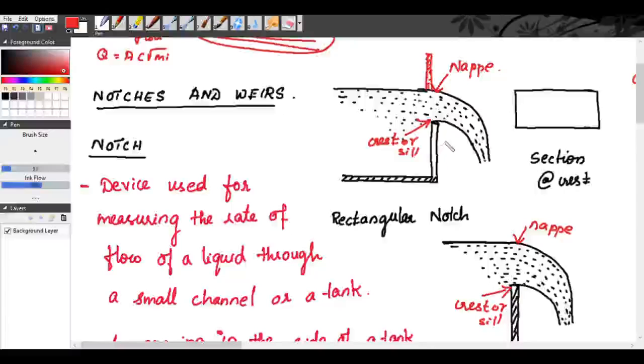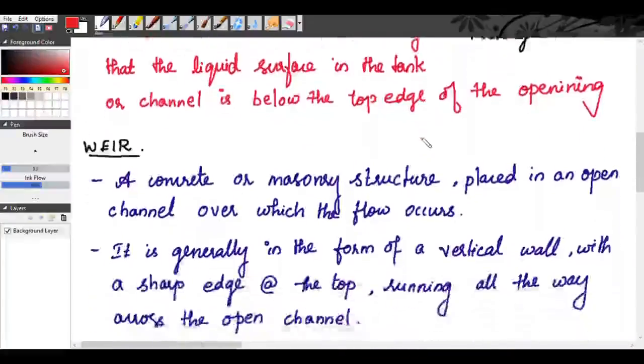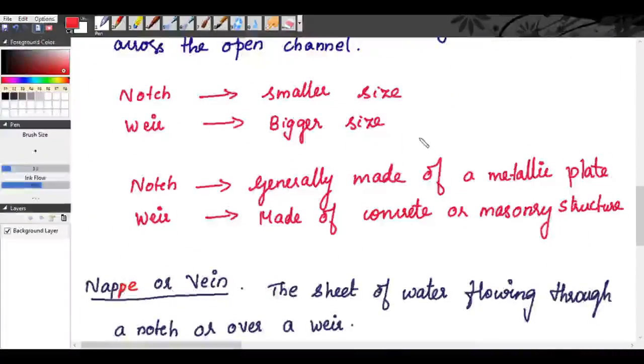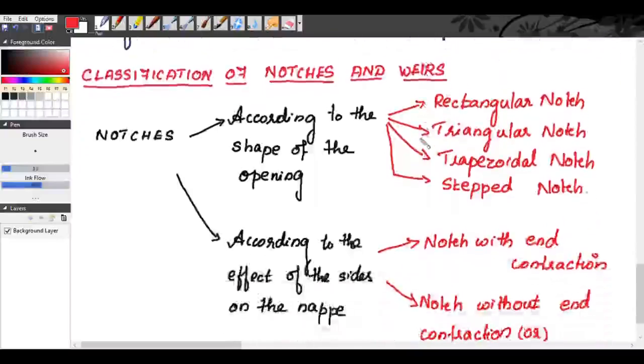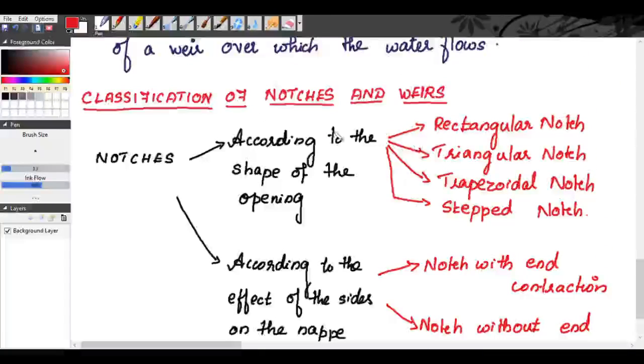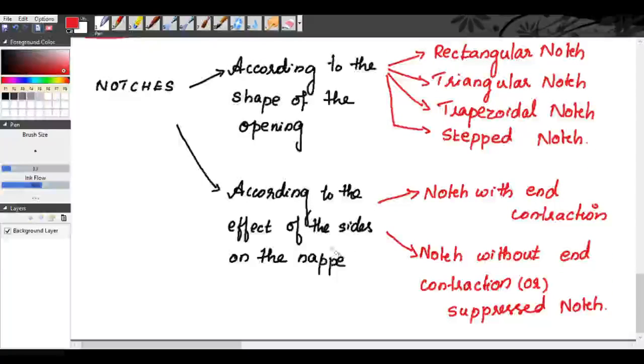Now, let us see the classification of notches and weirs. First of all, notches. Notches are classified into two types. First is based on the shape of the opening. The second type is based on the effect of the sides on the nappe.